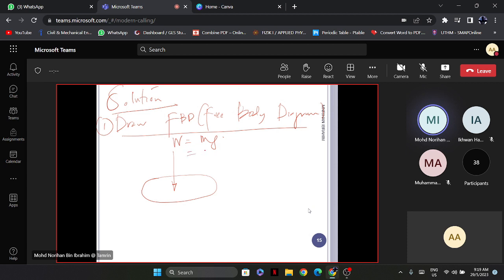We've got 981 Newton, sorry, not joule. W is equal to mg. The mass is 100 times 9.81, we get 981 Newton. That's W.